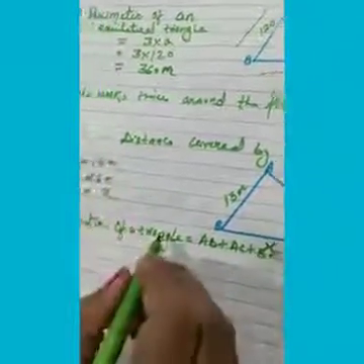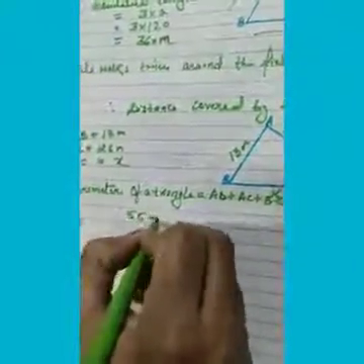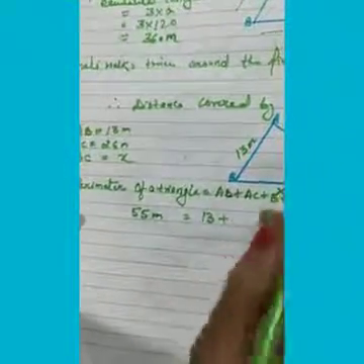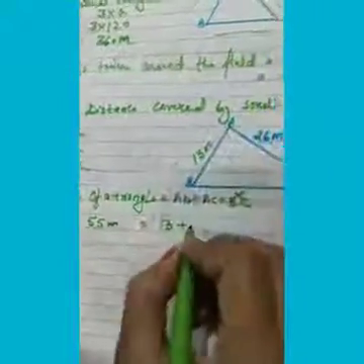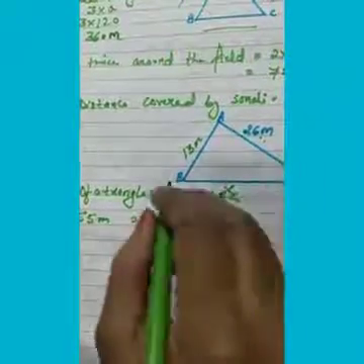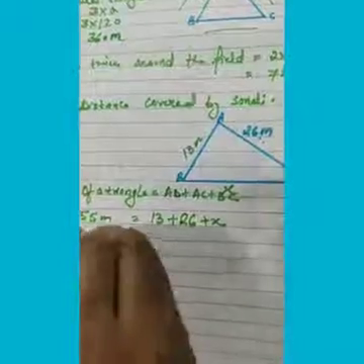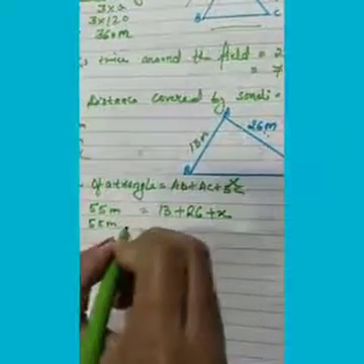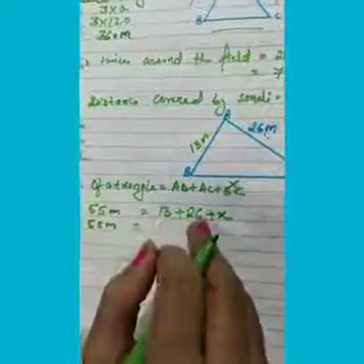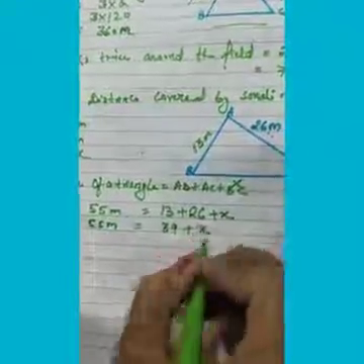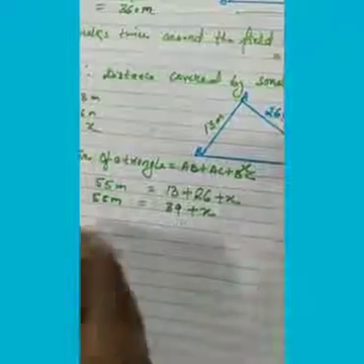The full perimeter is given 55 meter. AB is 13 meter plus AC is 26 plus BC is X. So 55 meter equals 13 plus 26, that is 39, plus X. You know the process.